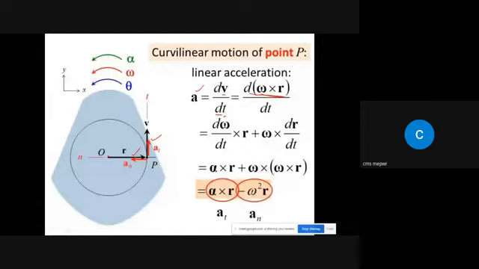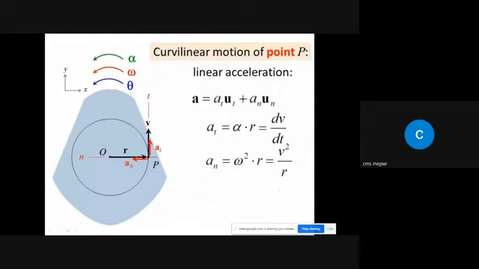If you take the derivative, we have the product rule: derivative of first into second, plus first into derivative of second. When you do so and simplify, you will get alpha cross r minus omega square r. This alpha cross r is equivalent to the tangential component of acceleration, and this omega square r is the normal component of acceleration.